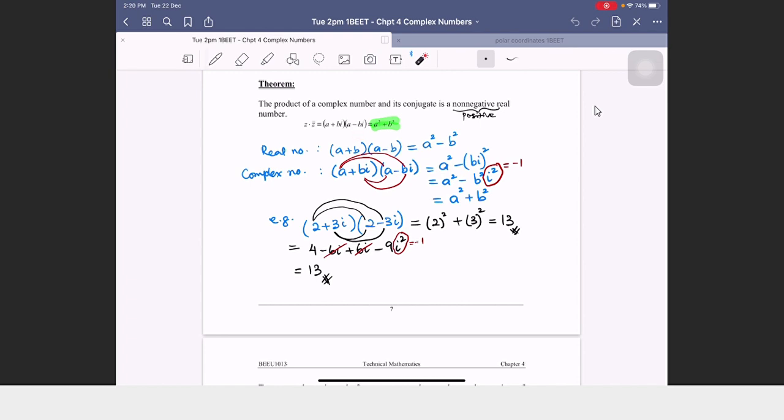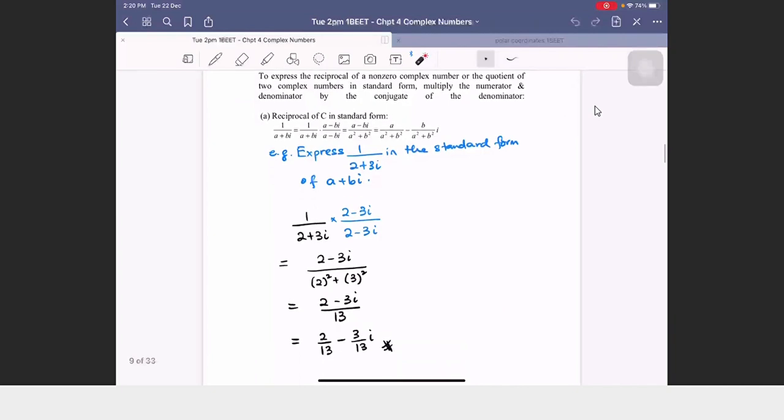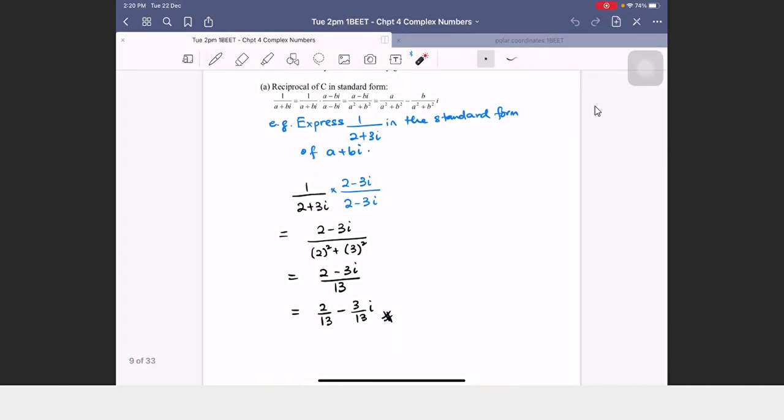Because of that, when it comes to a quotient expression, or a reciprocal expression, or later on division of two complex numbers, in order for us to divide we need to multiply by the conjugate of the denominator.